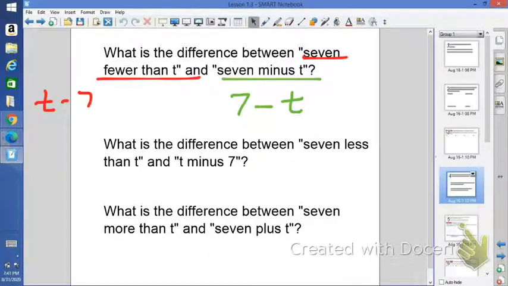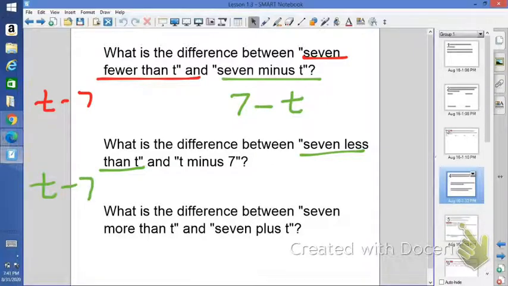In the next one, what's the difference between 7 less than t and t minus 7? Less than means the same thing as fewer than, which means subtraction. So 7 less than t, we're going to write t minus 7.